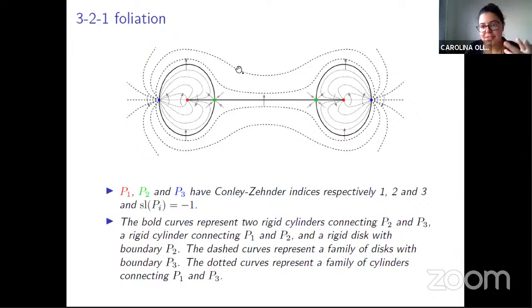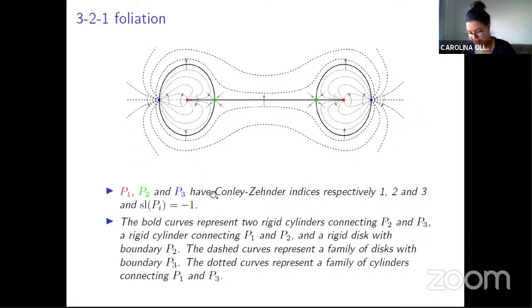It divides S3 into two solid tori: this one is a solid torus foliated by disks. And this side here is a solid torus, but foliated by cylinders between this orbit with index 3 and this orbit with index 1. So yeah, basically that's it.